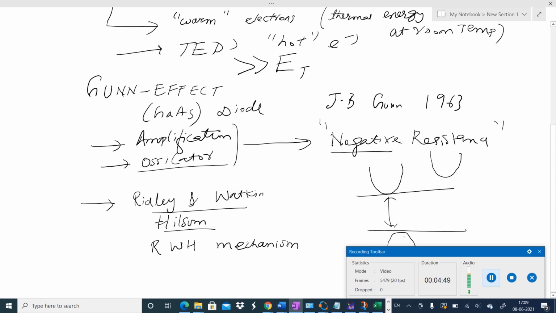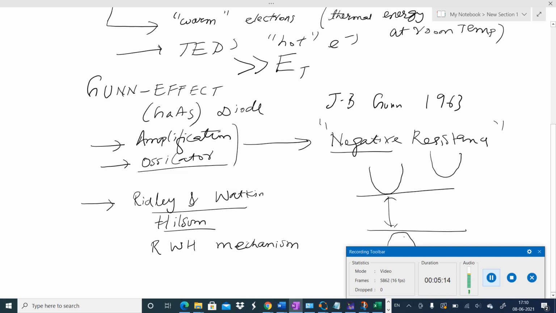And it is because of these satellite bands that we can have negative resistance, which we will see how. Okay, so the main RWH mechanism, what they did is they studied those solid state materials by which we can have these satellite bands, and how they can be utilized to get negative resistance.